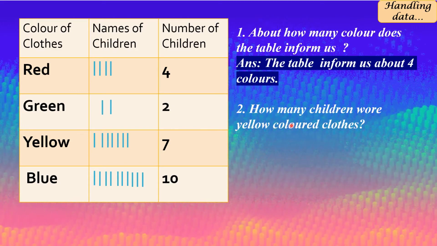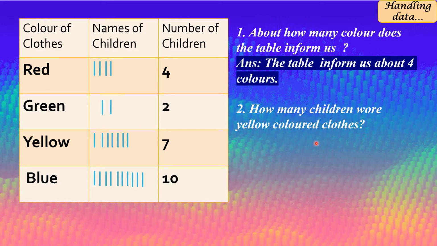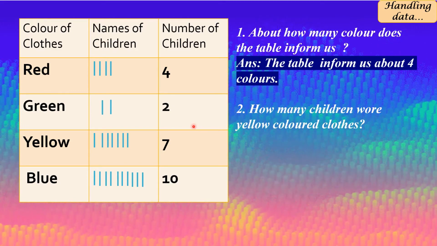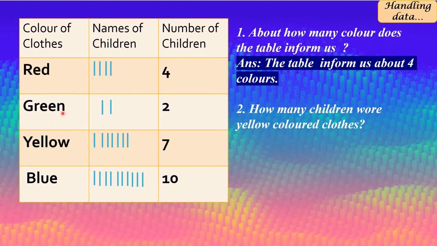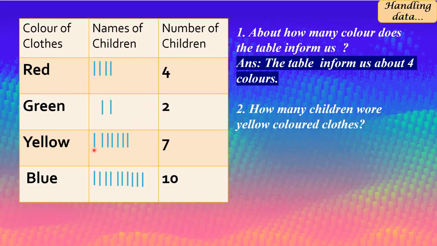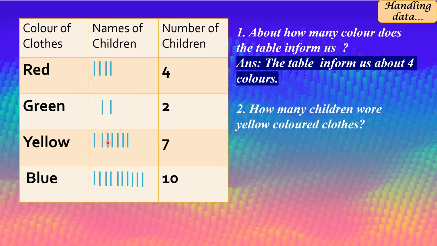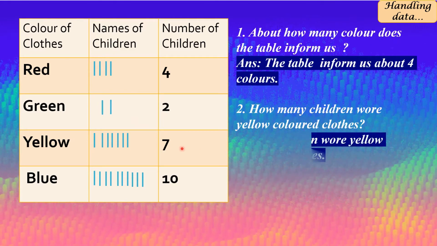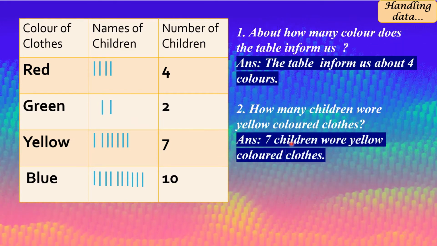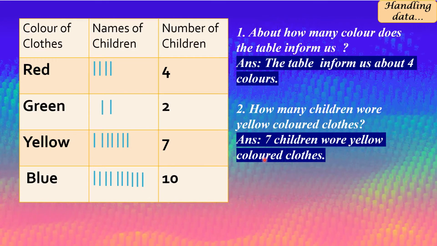How many children wore yellow colored clothes? Yes, students, you can see here. Let us count. 1, 2, 3, 4, 5, 6, 7. So, 7 children wore yellow colored clothes.